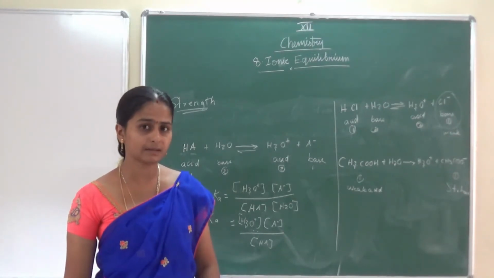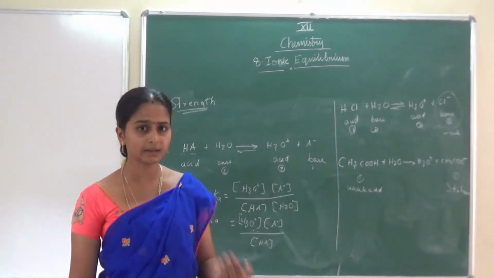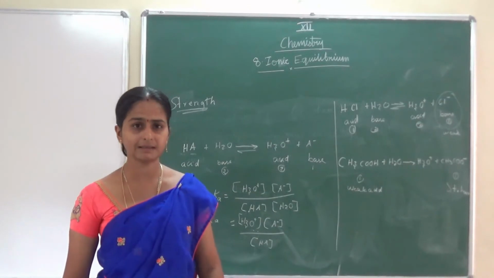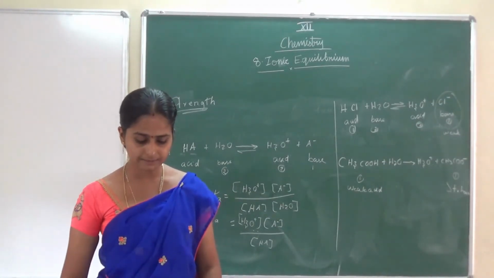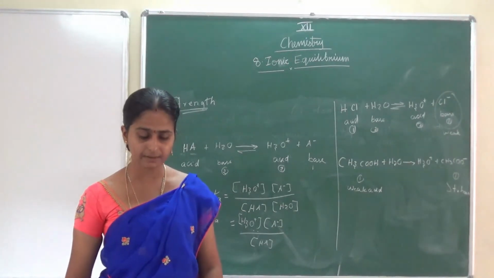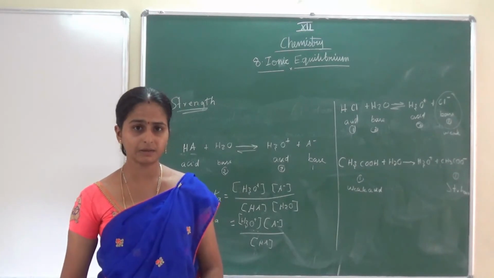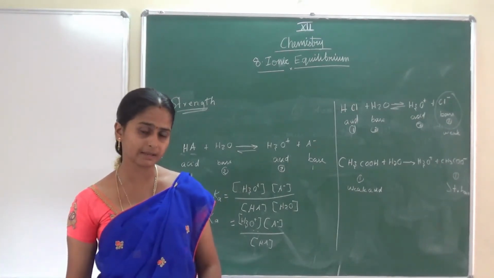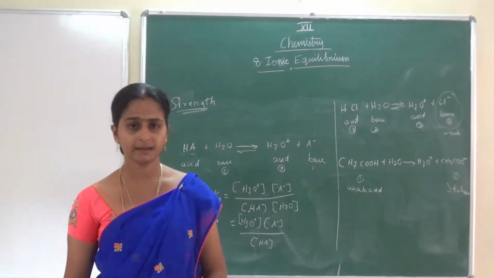When the Ka value is greater, the strength of the acid also will be greater. Very simple concept, this is a very easy lesson. Just go through this. In the next class we will see the remaining: the pH value, Ostwald's dilution law, buffer solution, and ionization of weak acids, how they ionize. We will see that in the next class. Thank you, children.